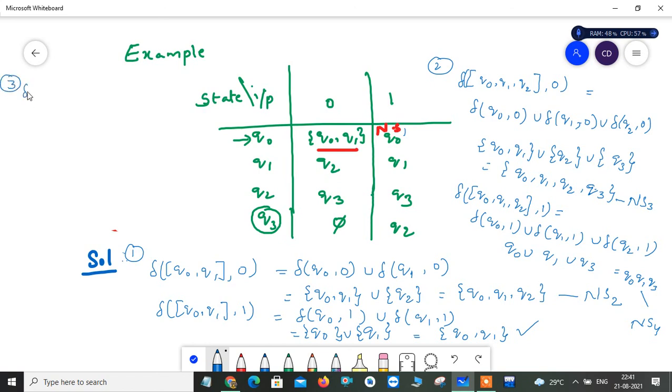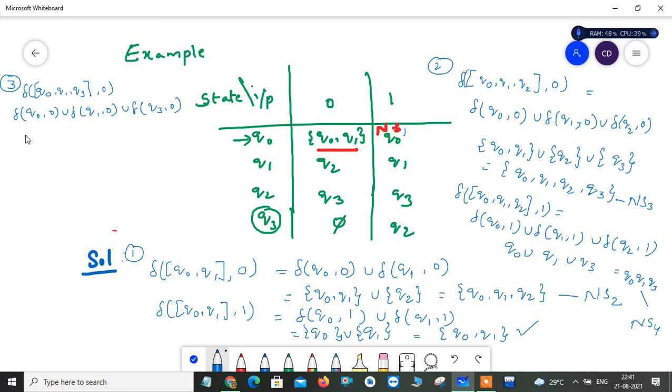So here delta of Q0, Q1, Q3 with input 0. How can you do it? Delta of Q0 comma 0 union delta of Q1 comma 0 union delta of Q3 comma 0.